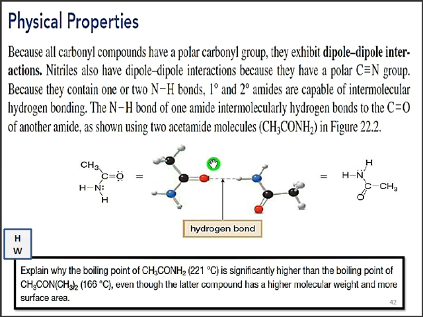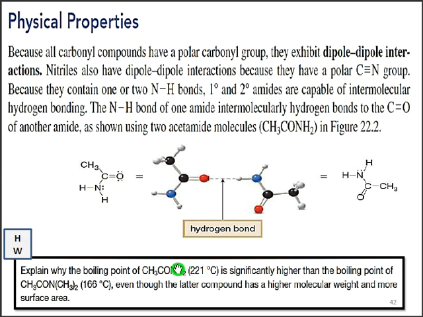For this reason, they have the ability to make hydrogen bonds, and this gives the amide compounds high boiling and melting points if you compare the primary and secondary amides with the tertiary amide. And you have here a question: explain why the boiling point of this primary amide, 221, is significantly higher than the boiling point of this structure, even though the latter compound has higher molecular weight and more surface area.